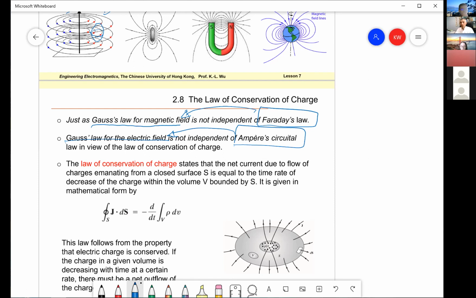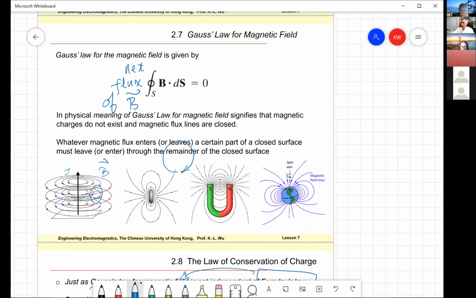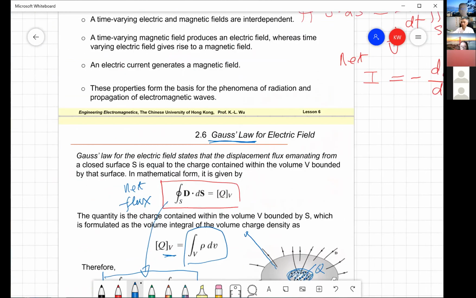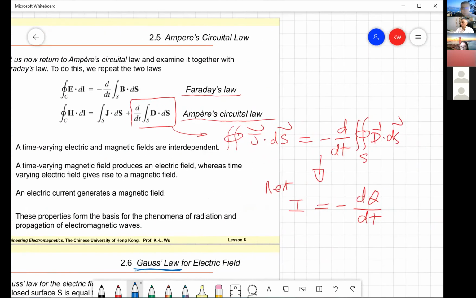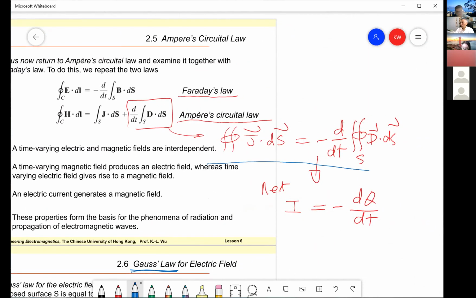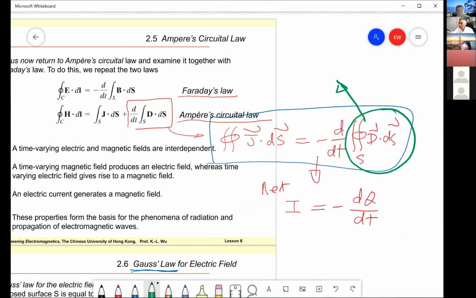Then from Gauss's law, and also what we have learned yesterday, we derive from Ohm's law this part. According to Gauss's law, the flux of D equals what? Equal to total charge, right?